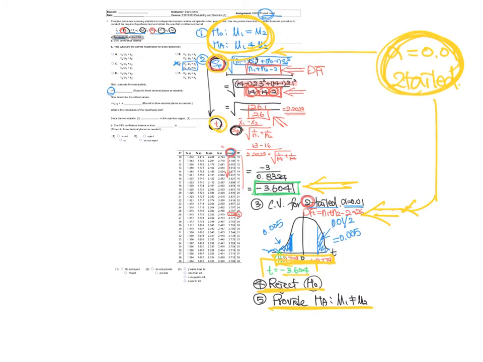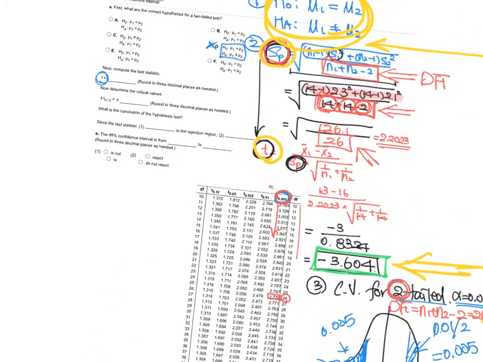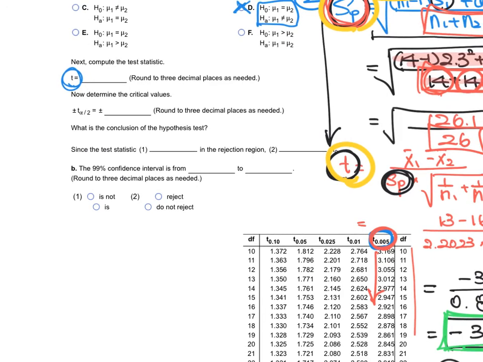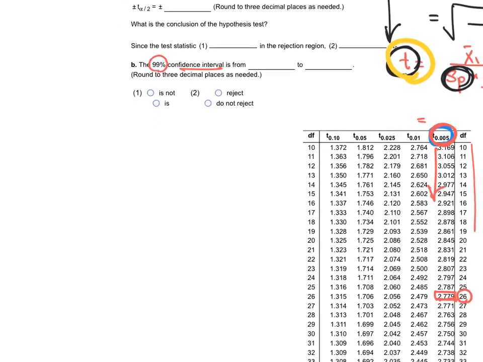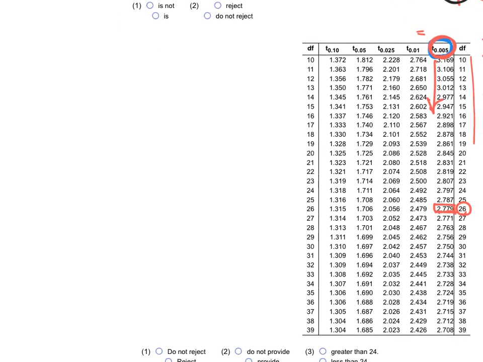Okay, and additionally, part B asks us to make the 99% confidence interval. So let me try to do it here, because I need a table. So now in part B, we need a 99% confidence interval for the unknown mean difference.